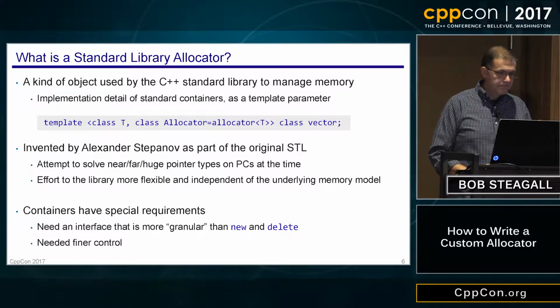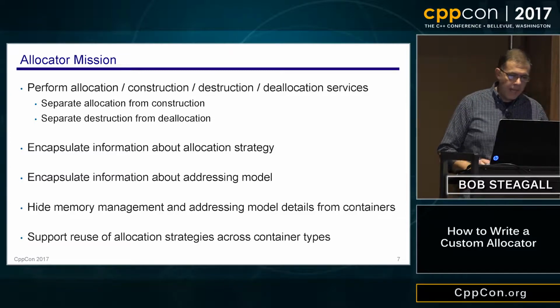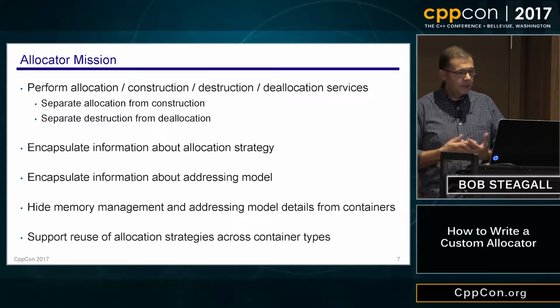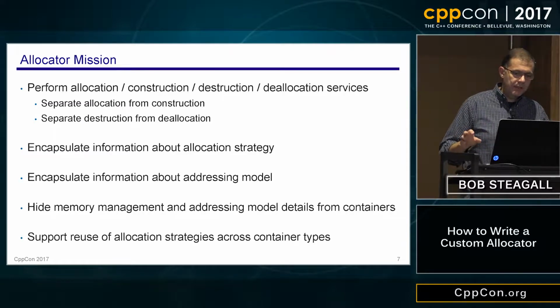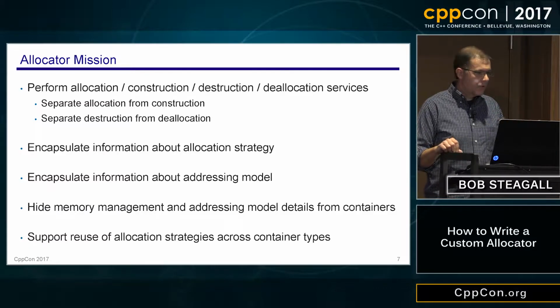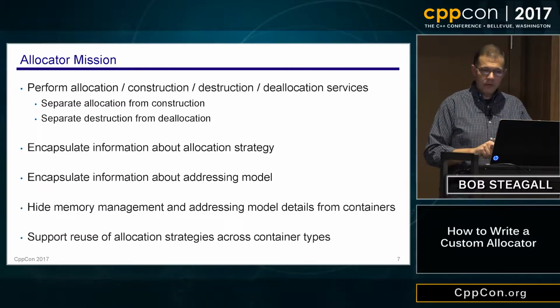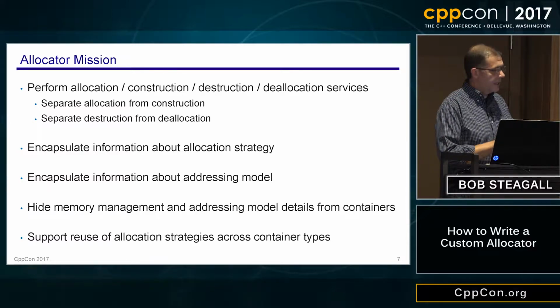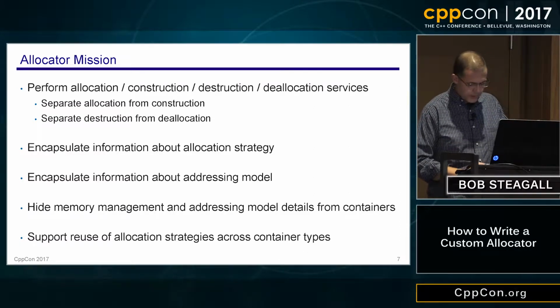They want to perform allocation, construction, destruction, and deallocation as 4 separate and distinct things. And this is the service that allocators provide. Most importantly, perhaps, they separate allocation from construction, which is different than the new operator, and they separate destruction from deallocation, which is different than the way the delete operator works.